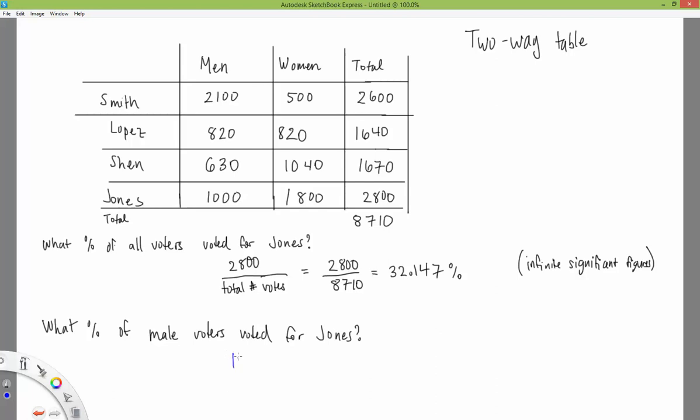divided by the total number of male votes. So how many male voters do we have? 4,550.